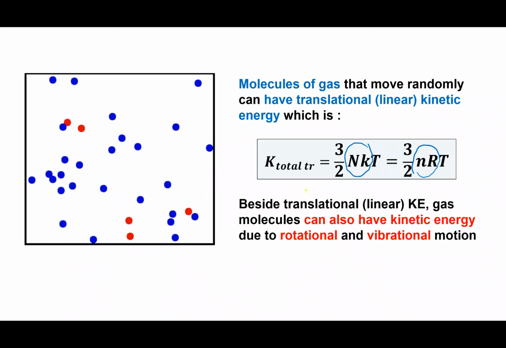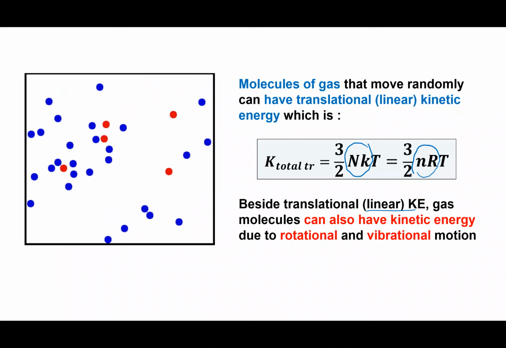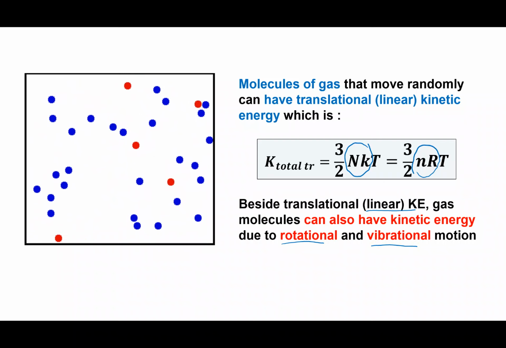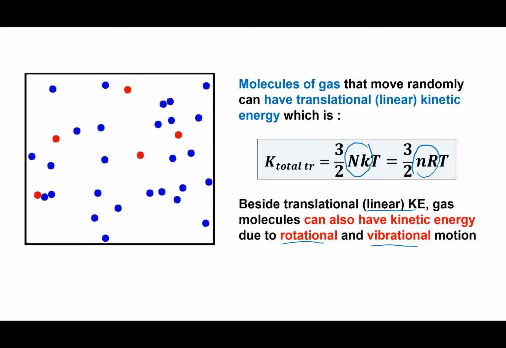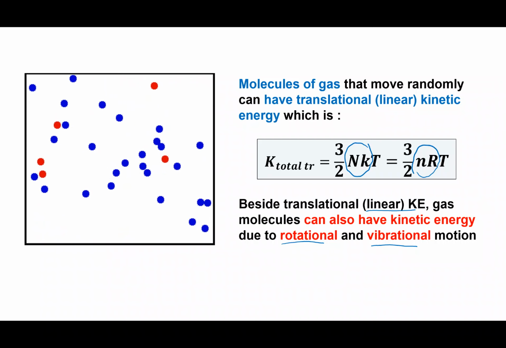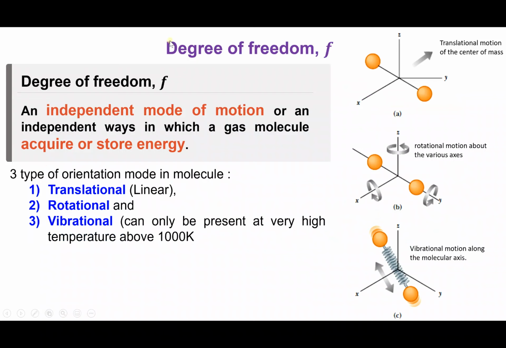So selain daripada gas ni ada linear kinetic energy, okay, the gas also can have kinetic energy due to the rotational and vibrational. So dia boleh ada kinetic energy yang lain, iaitu rotational kinetic energy dan juga vibrational kinetic energy.